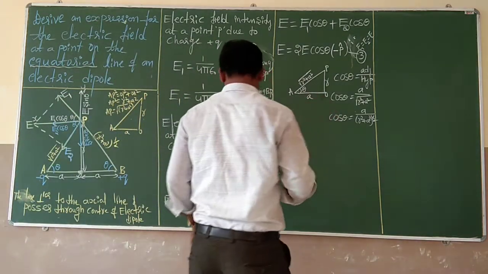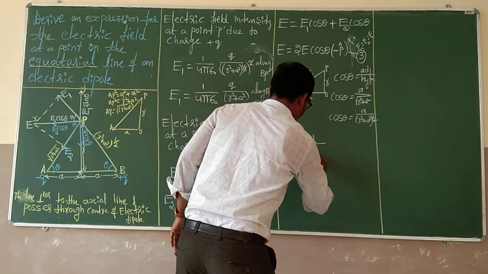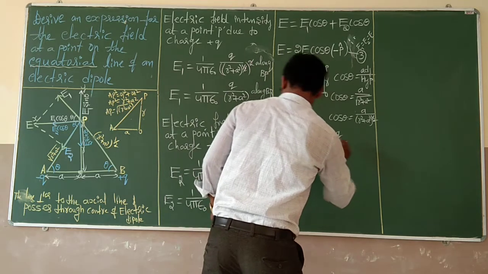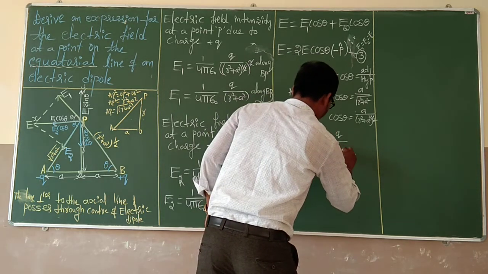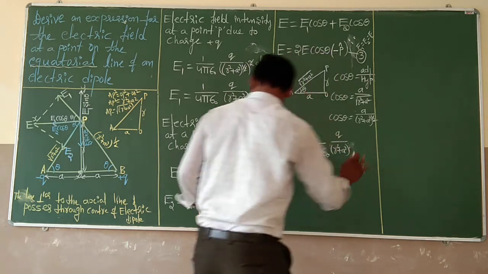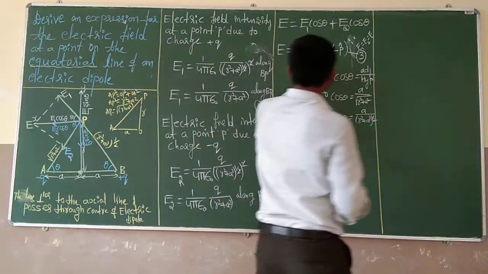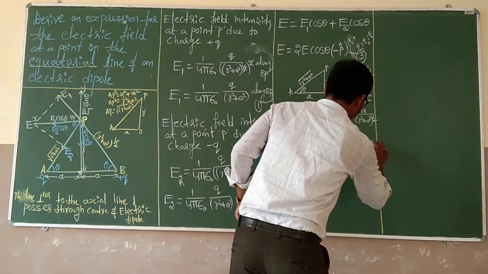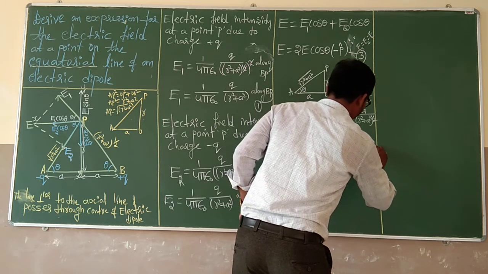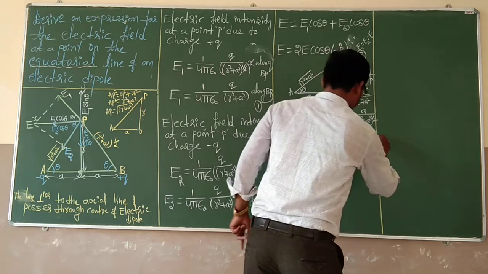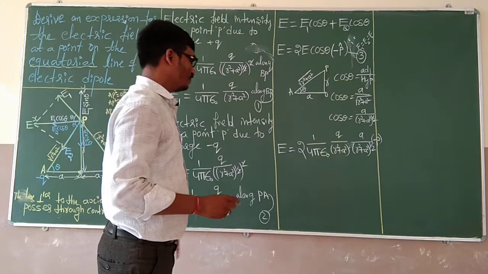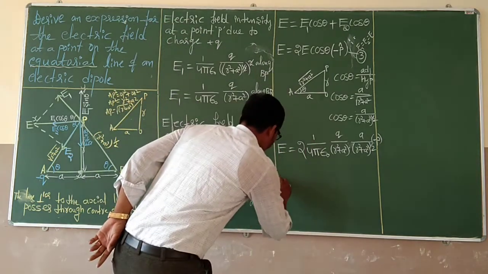Then the cos theta value is A divided by (R square plus A square) whole to the power 1 by 2, in the direction minus P cap.